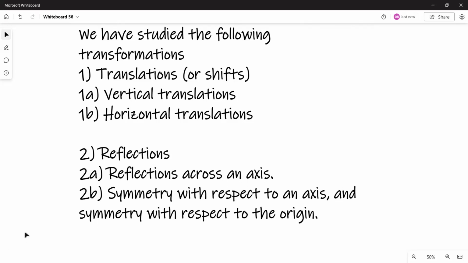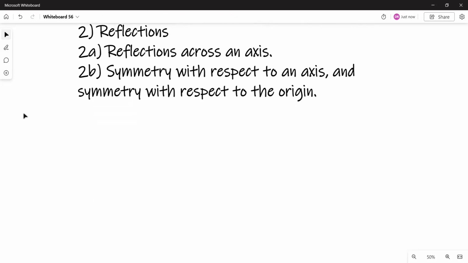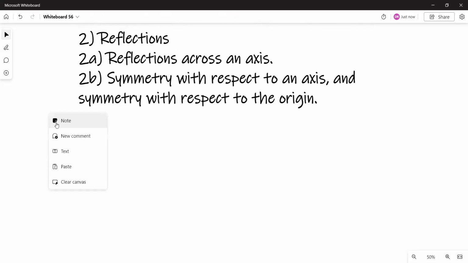Okay, so a continuation of that, of reflections, is even and odd functions.